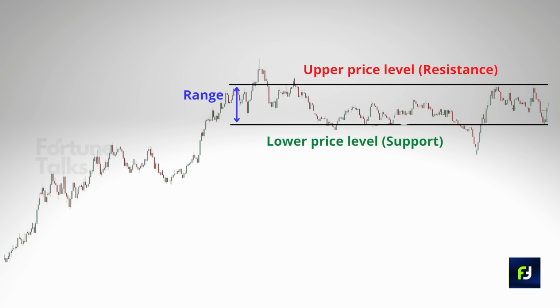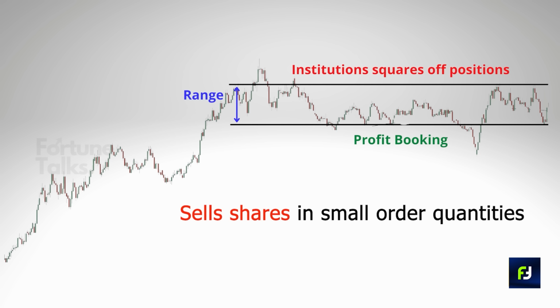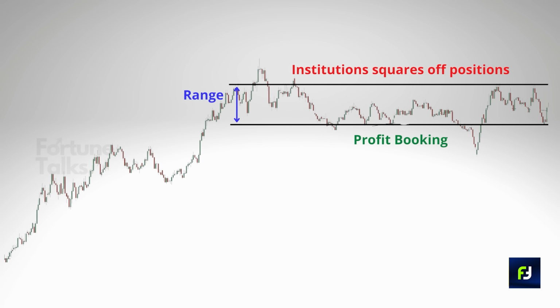Here's what happens in the distribution phase. The institutions begin to distribute or sell or square off their positions after they have made a good chunk of profit on their initial investments. Similar to the accumulation phase, the institutions sell the shares secretly and slowly so that the market doesn't fall immediately, creating a panic situation.